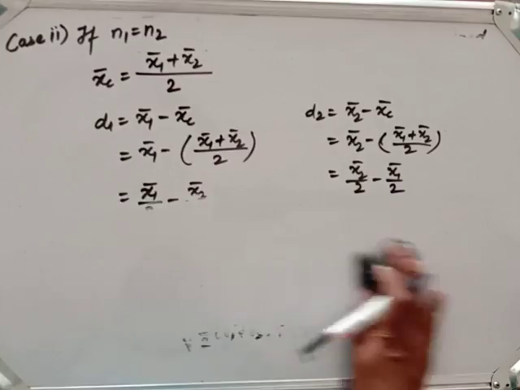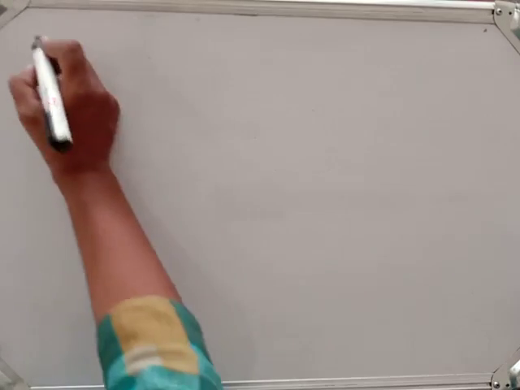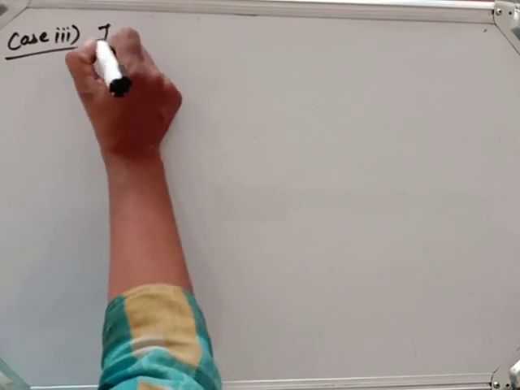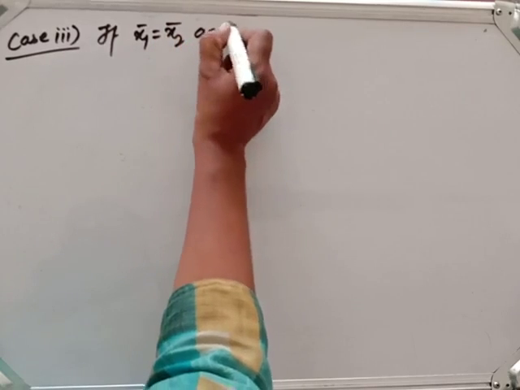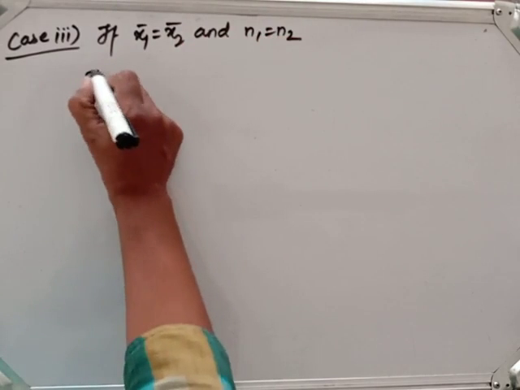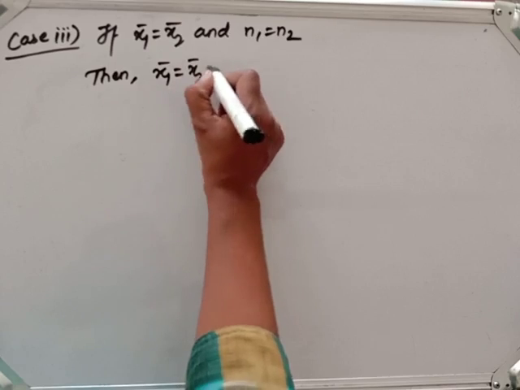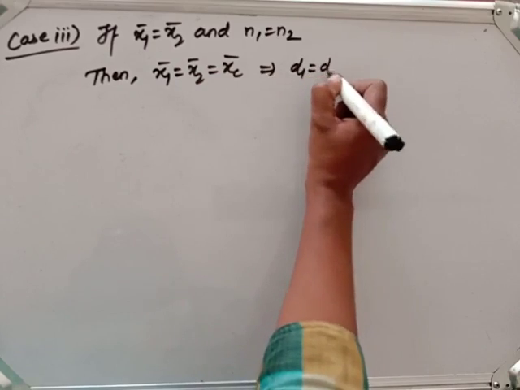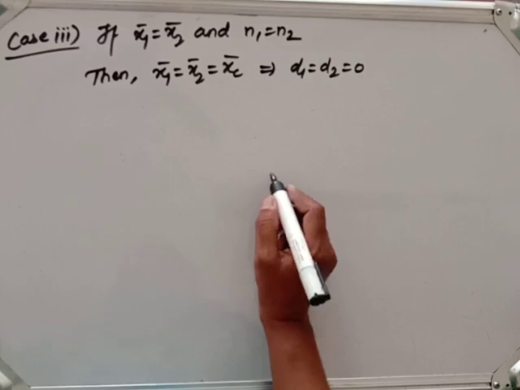Now let me combine them as case 3. What is case 3? Let us take x1 bar equal to x2 bar and n1 equal to n2. If this is the case, then x1 bar equal to x2 bar equal to xc bar. That gives d1 equal to d2 equal to 0. n1 equal to n2, that time d1 square equal to d2 square.